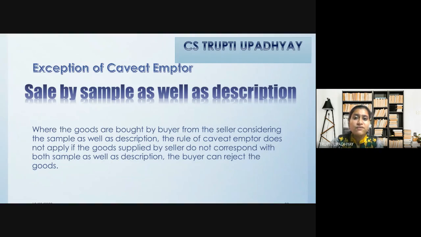Means here, both the conditions need to be met as per the contract of sale, so the goods should meet the description as well as correspond with the sample. Only if both the conditions are met, the goods will be accepted by the buyer and the contract will be executed. Otherwise, the buyer can repudiate the contract.